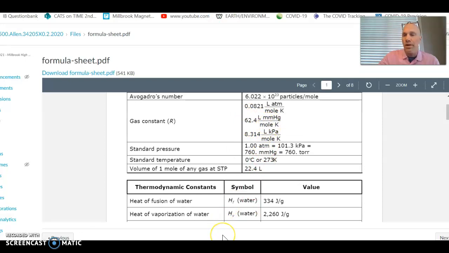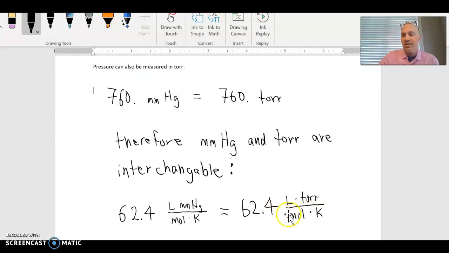And since torr and millimeters of mercury are interchangeable, we could essentially just say that this right here is true also. So the bottom line is anytime you see a problem that has anything to do with torr and you need an ideal gas constant, you can just use this expression right here, which you get just by using the one that's on the guide and then just substituting torr in where you see millimeters of mercury.